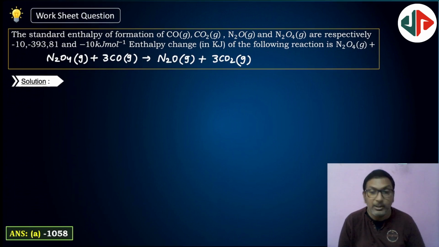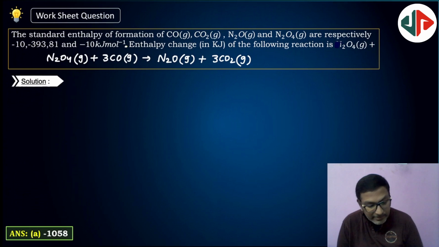Next. The standard enthalpies of formation of the substances CO, CO2, N2O, N2O4 respectively are given. The enthalpy change in kilojoules of the following reaction: N2O4 gas plus 3CO gas gives N2O gas plus 3CO2 gas. For this we must calculate the change in enthalpy, delta H. All are in kilojoules only.